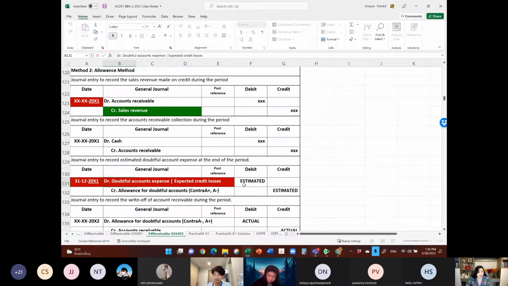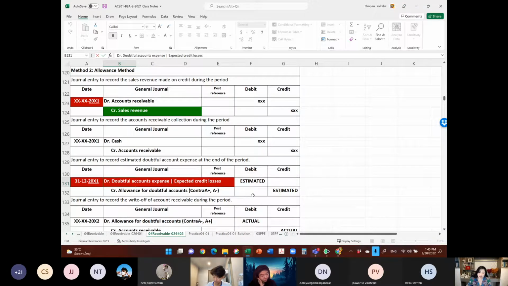You can also use the terms interchangeably: doubtful account expense, expected credit loss, or just credit loss. Whatever you think is appropriate in terms of the account title.